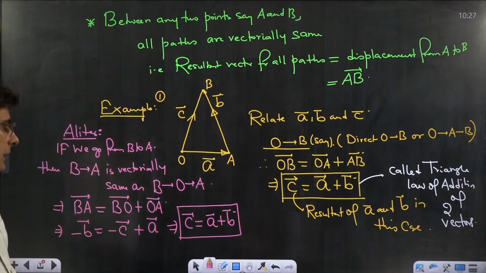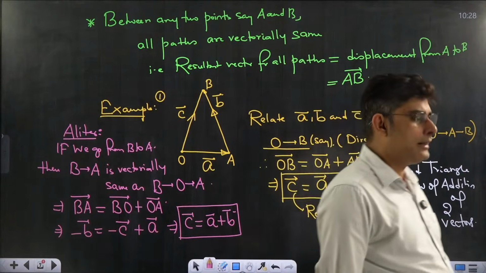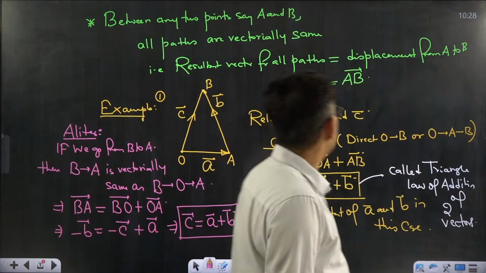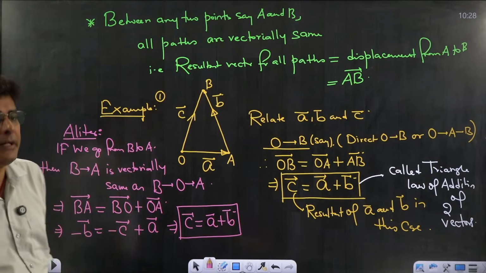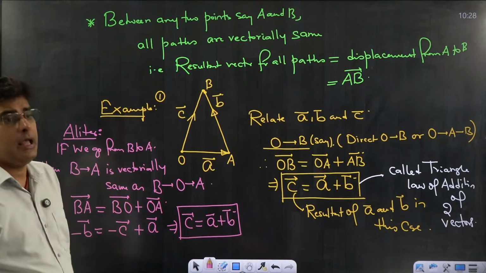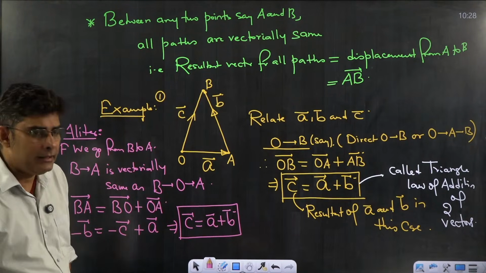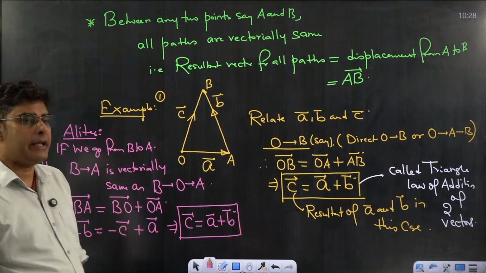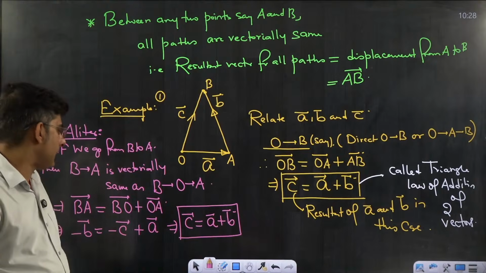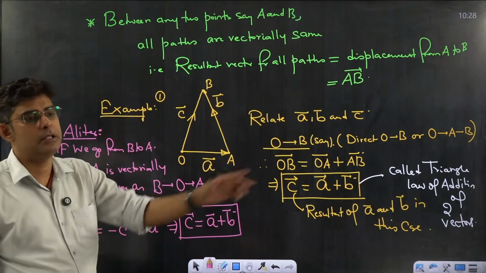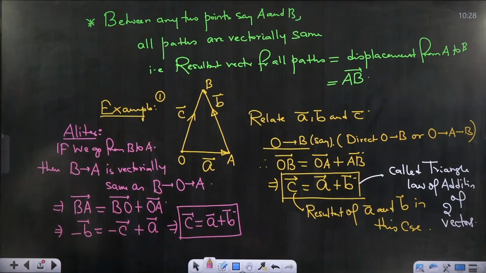You can relate vectors and their vector sum or difference using this basic concept: as per your wish, not the wish of your parents or your friends or relatives or anyone, take any 2 points and all the paths that will take you from the first point to the other will be vectorially the same. Just write the vector equation, you will get the relation between the vectors. I hope this point is also clear to everyone.